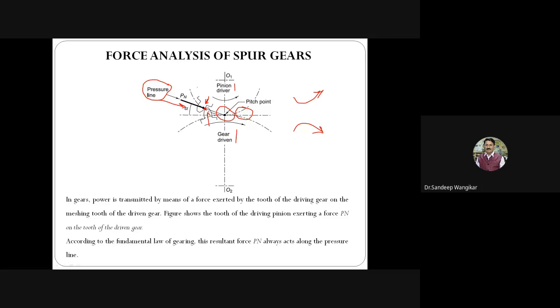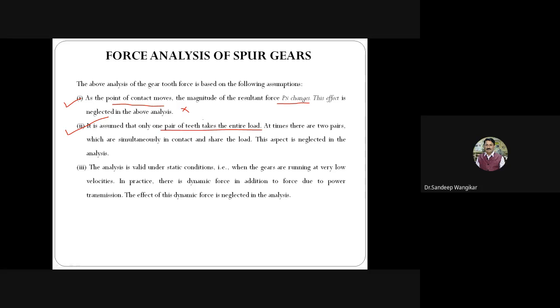So on an average, there are two or more than two pairs in contact. At a time, two pairs are simultaneously in contact to share the load. This aspect is neglected. It is assumed that only one pair of teeth takes the entire load. This is the assumption made in force analysis.